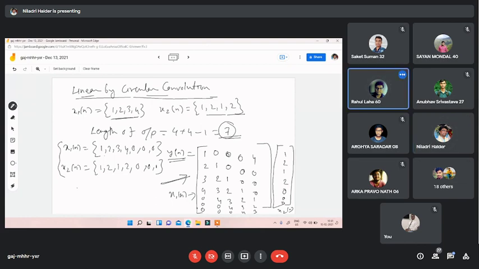Which one? x2? No, 0, 0, 0. You have to add 3 zeros. Oh okay, yes, sorry. So in that way you are using the circular convolution method, but you are getting the linear convolution result.